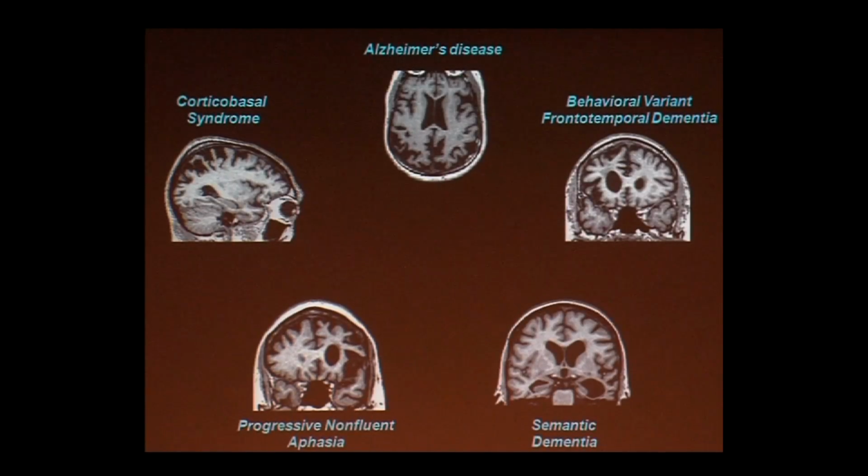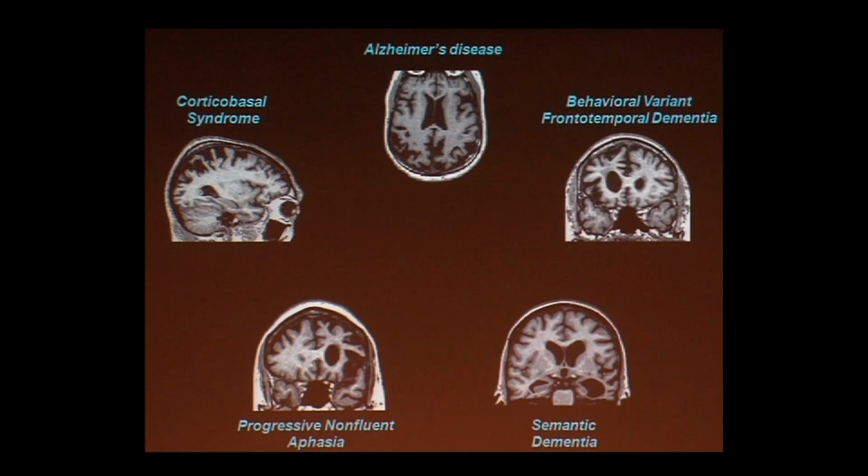So you've heard already about Alzheimer's disease and behavioral variant FTD. We studied 3 other clinical syndromes that are fascinating in their own rights, all devastating neurological degenerative diseases. Semantic dementia is a progressive loss of word, object, person-specific, and emotional meaning.